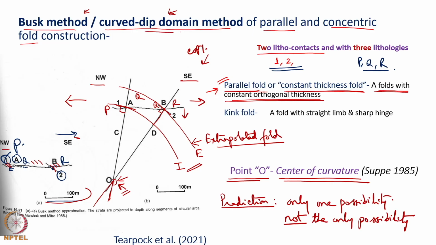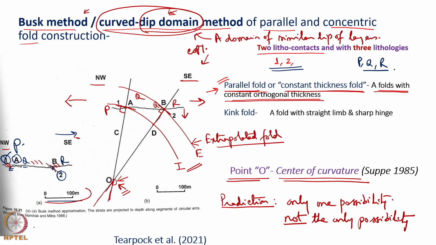Note the term dip domain, and what kind of dip domain are we calling it? It is a curved dip domain. A dip domain means a domain of similar dip of layers. Here when we extrapolate the fold like this, we are thinking that all the layers are also folded in this way. Everywhere, say here, here, here, here or here, we find the same pattern of the dip.